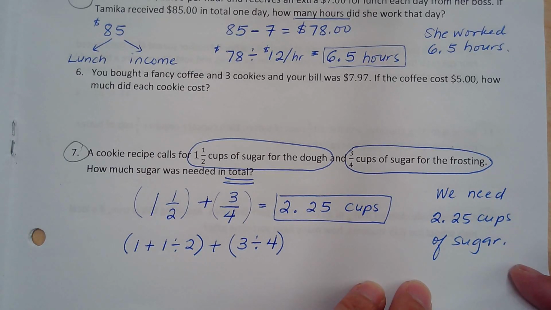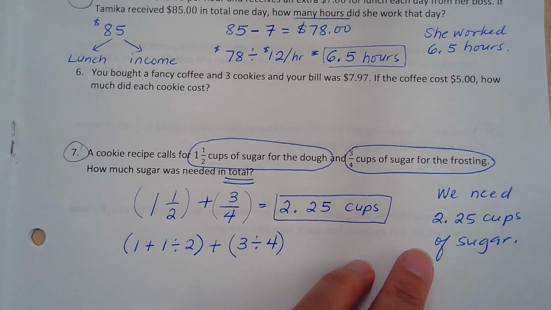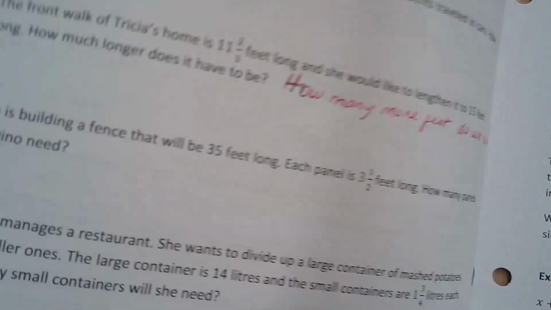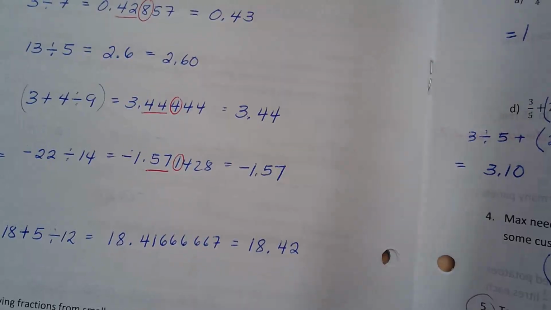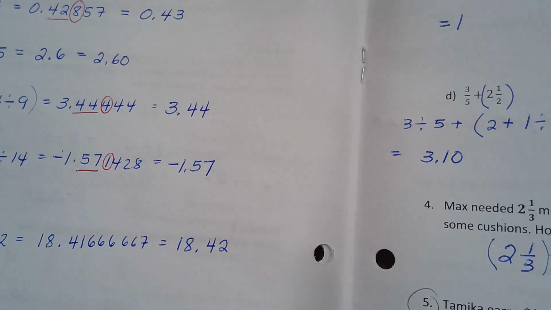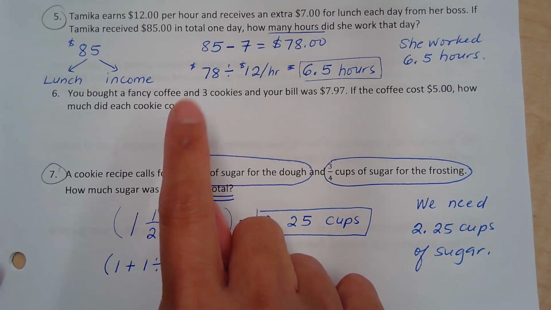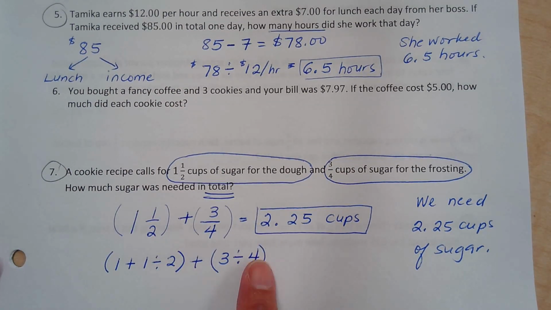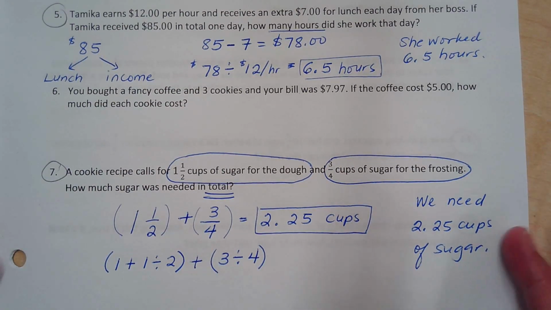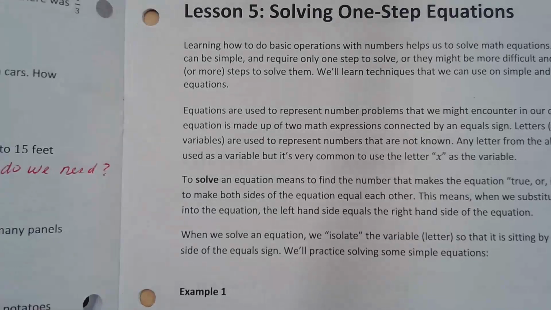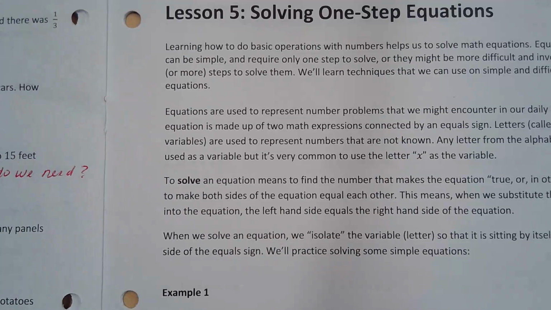How's that going? Is it okay? Yeah? The answer is 99 cents. I think that's for number 6. Yeah, this is for number 7. Oh yeah, you're right. 99 cents was the answer for number 6.